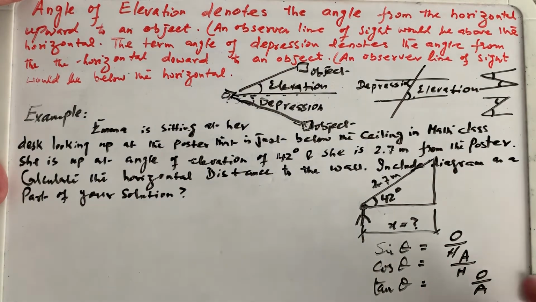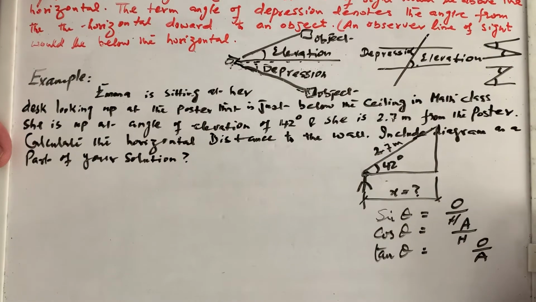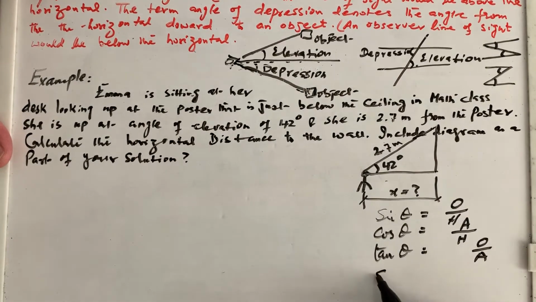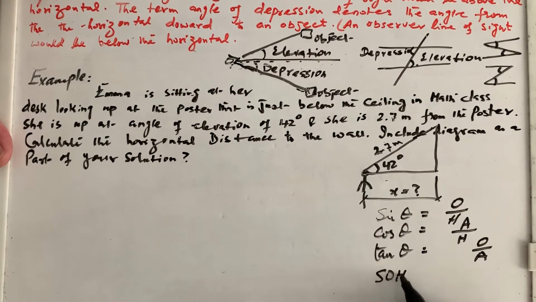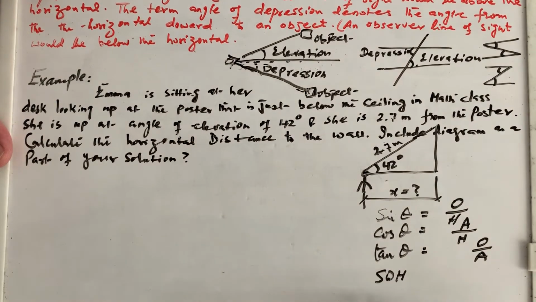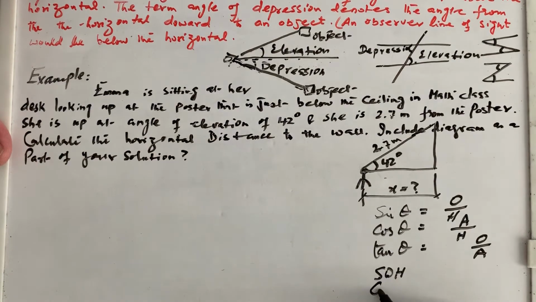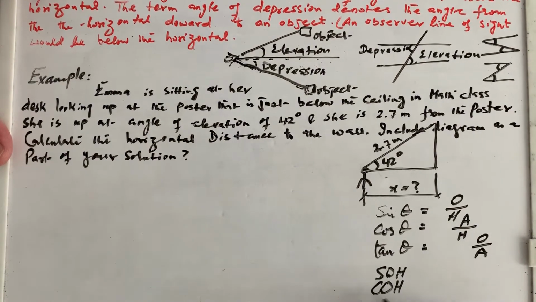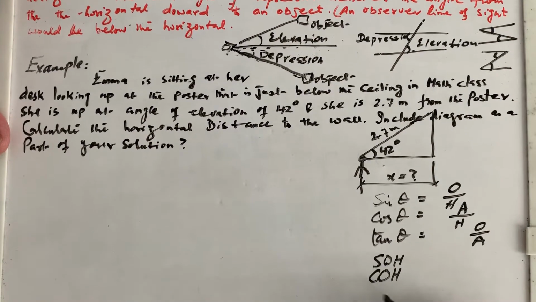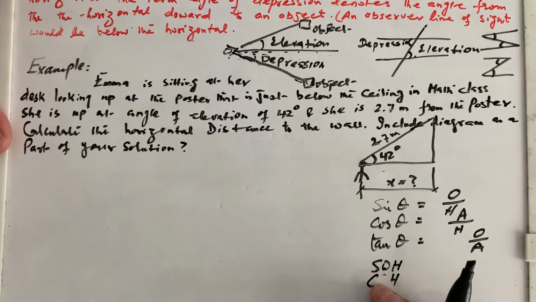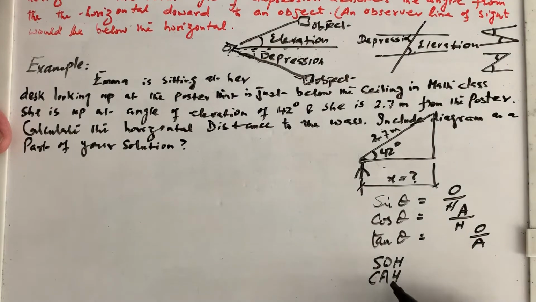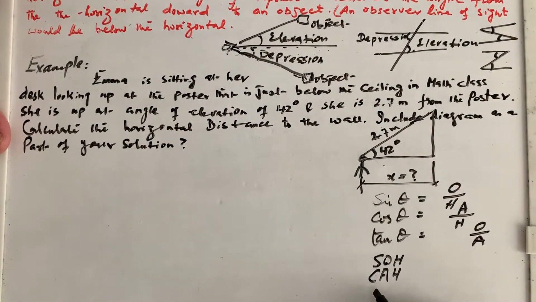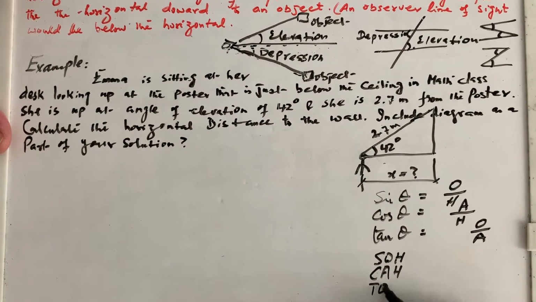For ease, we remember them with SOH CAH TOA. SOH: sine is opposite over hypotenuse. CAH: cosine is adjacent over hypotenuse. TOA: tangent is opposite over adjacent.